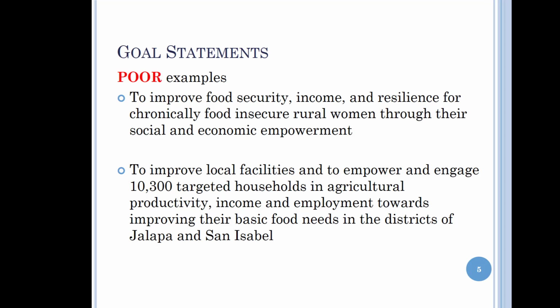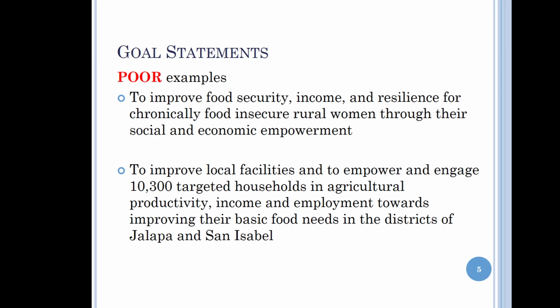It has too many goals in the same statement: food security, income, and resilience. It also states how this should be realized, through their empowerment. And this is wrong. Goals should never include the how. The how is explained in the project description, in the methodology, and not in the goal.